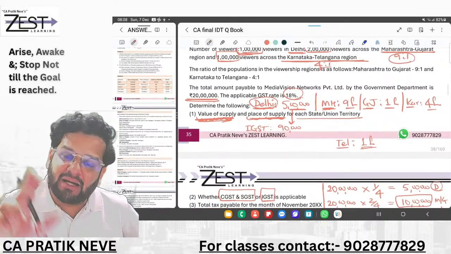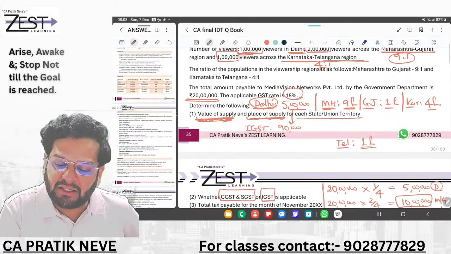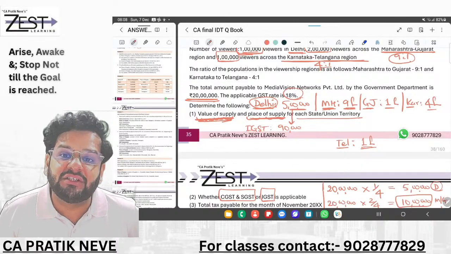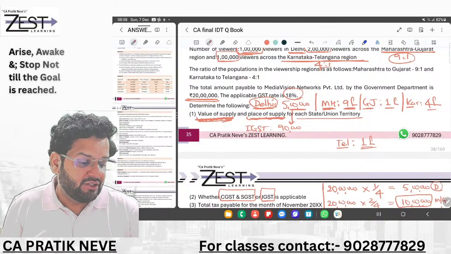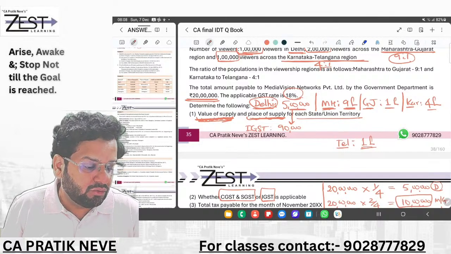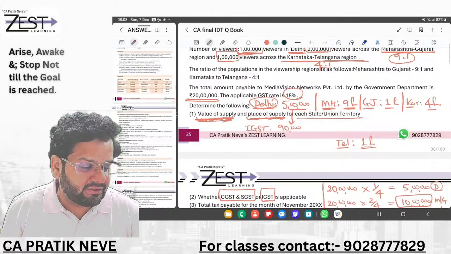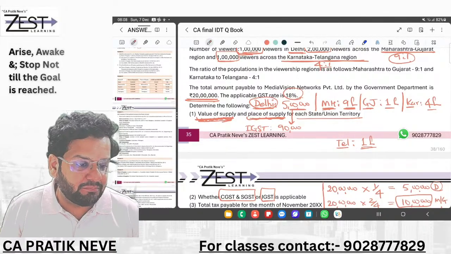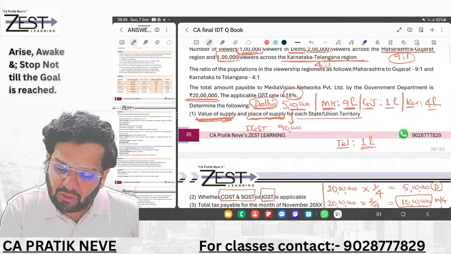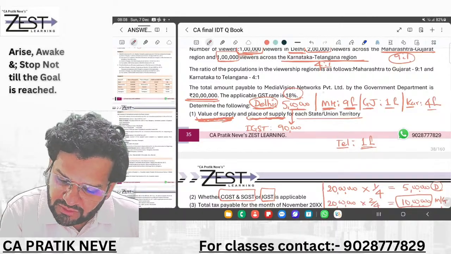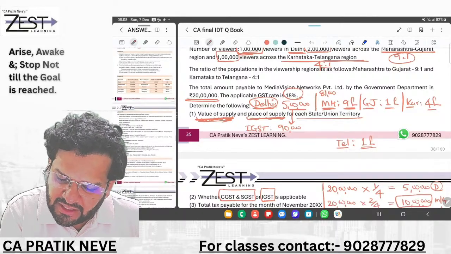Location of supply Maharashtra, place of supply Maharashtra, you will have CGST plus SGST. So 9 lakh into 9%. What is 9 lakh into 9%? 81,000 each of CGST and SGST.